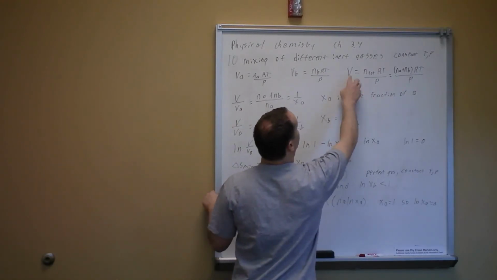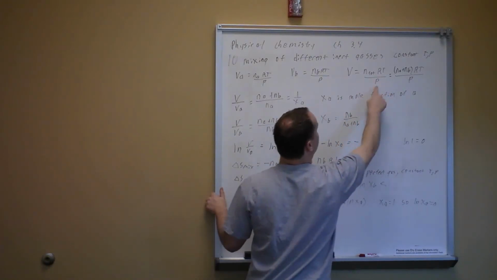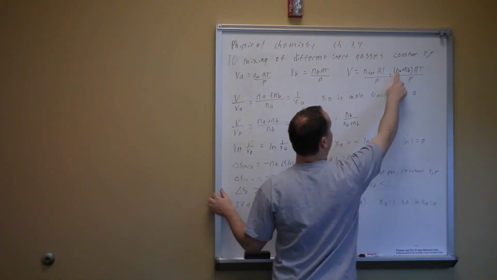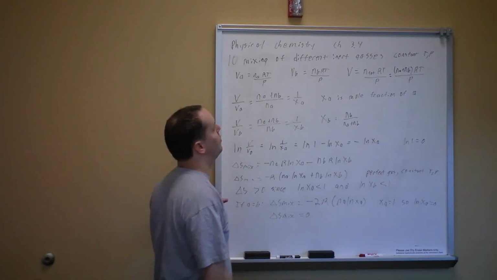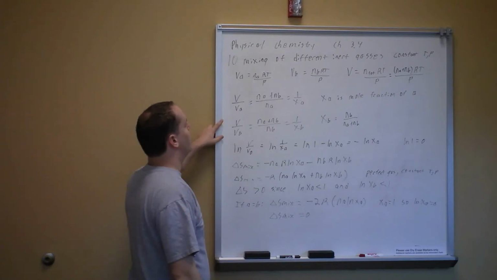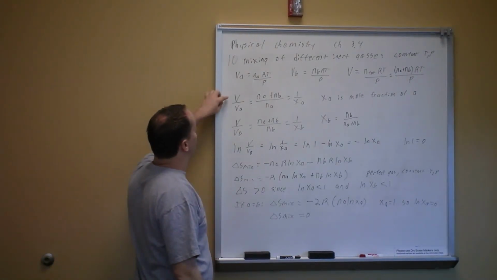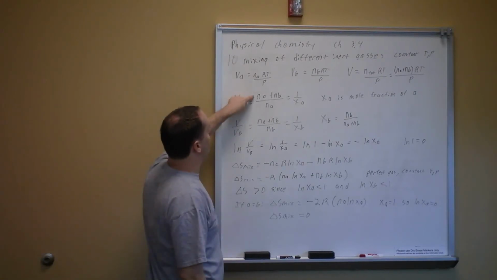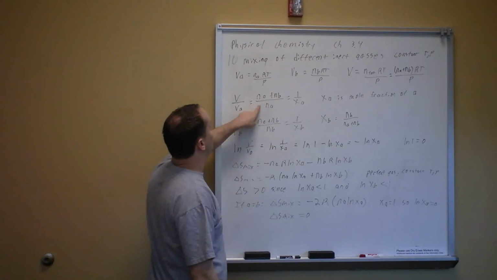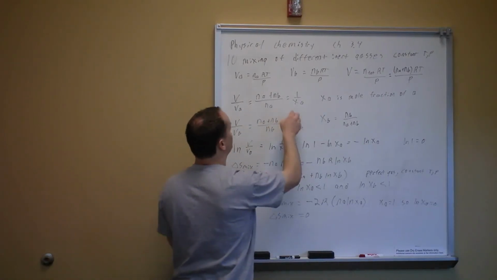Now the total volume of the container is going to be equal to the total molecules times RT divided by P. And of course, we only have two gases, so the total molecules is just Na plus Nb. So the volume would be Na plus Nb times RT over P. So we're going to simplify that by saying, okay, volume total divided by volume of A is going to be Na plus Nb divided by Na, because all the other RTs, etc., canceled out.